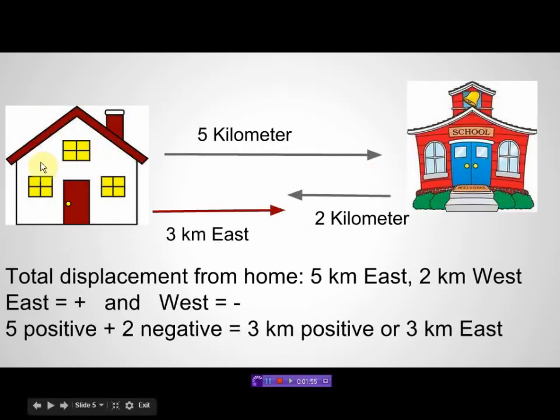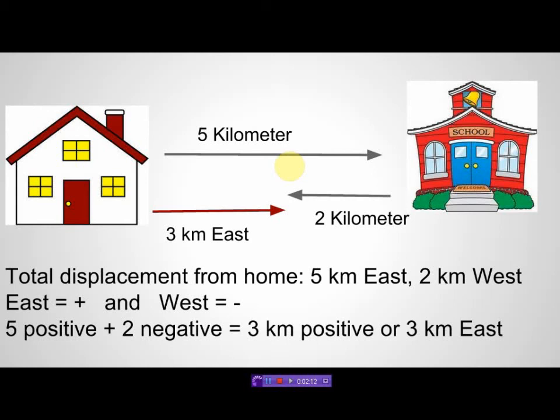Now let's say you start at your house, you walk to the school, and then you walk back 2 kilometers on your way home and stop at a friend's house. Now the total distance traveled is going to be 5 plus 2 to give us 7 kilometers.